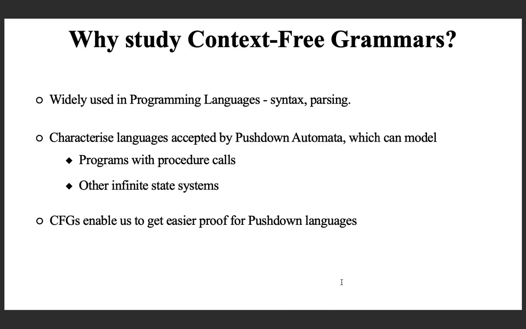And CFGs, context-free grammars, enable us to get easier proofs for push-down languages. So that is another advantage of having context-free grammars, that they make proofs easy about some results on context-free languages.